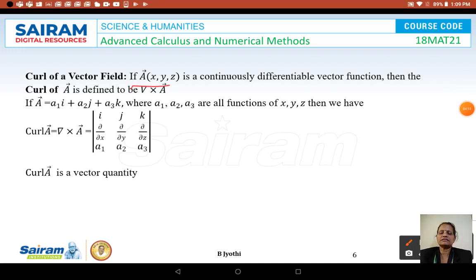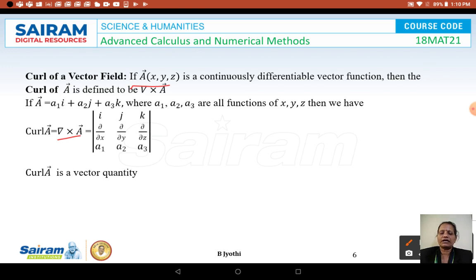If A is a continuously differentiable vector function, then curl of A is defined to be the cross product of del and A, that is del cross A. If A is equal to a1 i plus a2 j plus a3 k, where a1, a2, a3 are all functions of x, y, z, then curl of A is equal to del cross A, that is given by the determinant with first row i, j, k, second row dou by dou x, dou by dou y, dou by dou z, and the third row a1, a2 and a3.